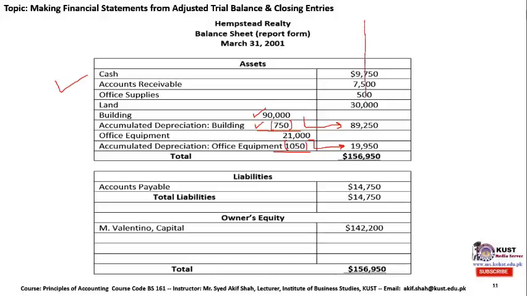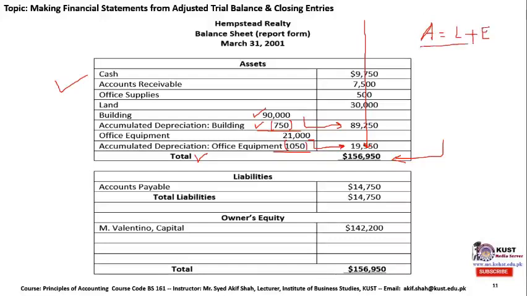After that, you have to sum up all the asset values to get the total for your assets. So the total assets for the company come up with $156,950. As we know, in the balance sheet we are following the accounting equation, that is assets must be equal to liabilities plus owner's equity.